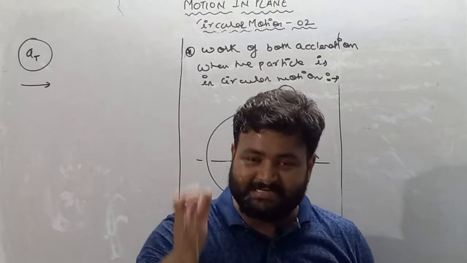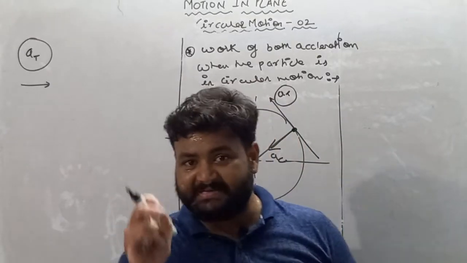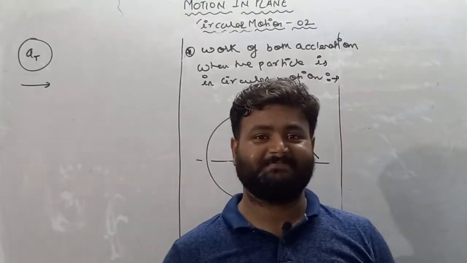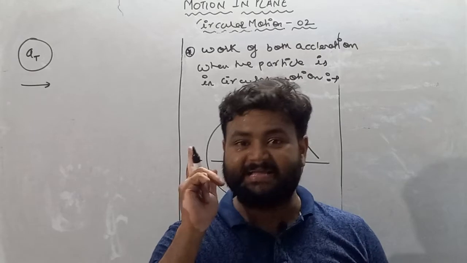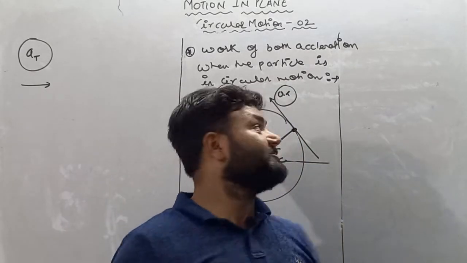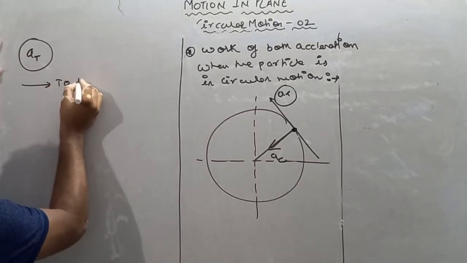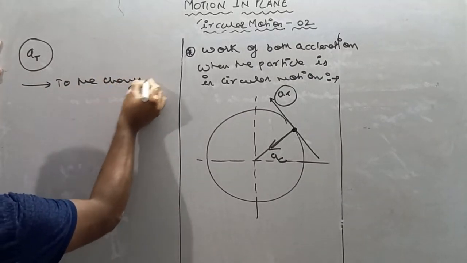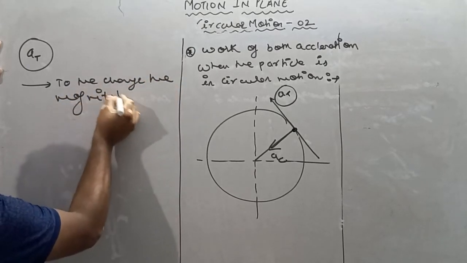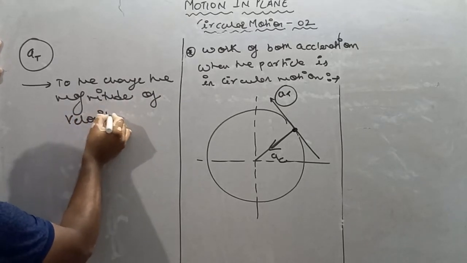If the particle is moving in a circular track, but its velocity magnitude is not changing, then we will say tangential acceleration is not acting on the particle. So write down, tangential acceleration's work is to change the magnitude of velocity.